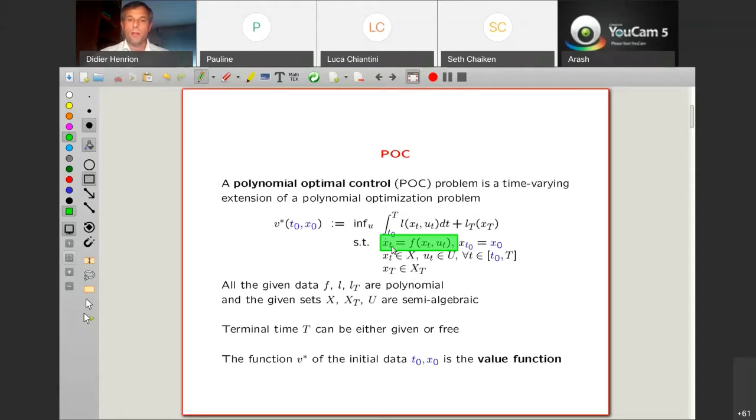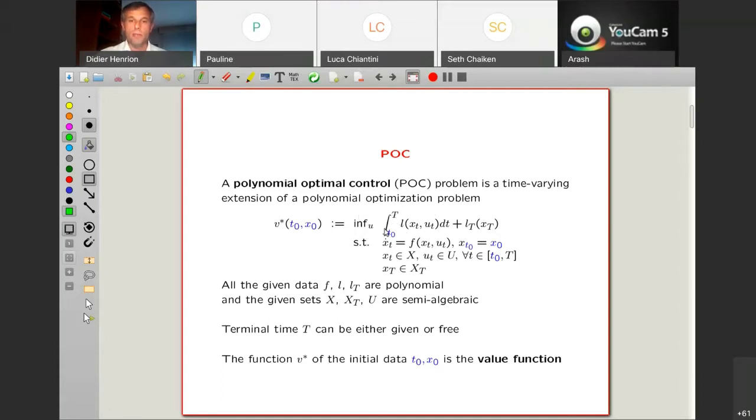So in general, with these constraints, there are plenty of solutions to the ordinary differential equation because of the freedom in the choice of controls. And we may be interested in finding a trajectory such that some performance criterion or cost is minimized.